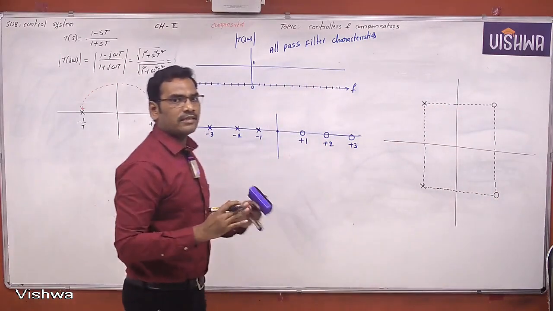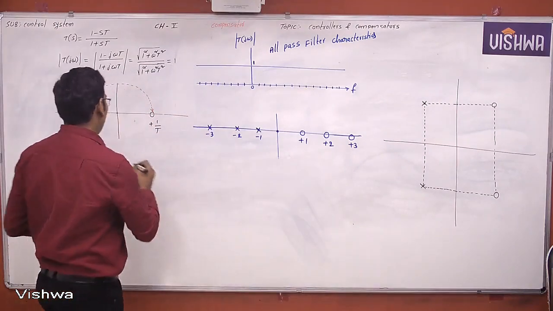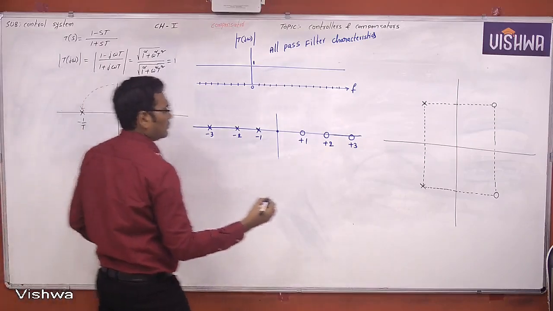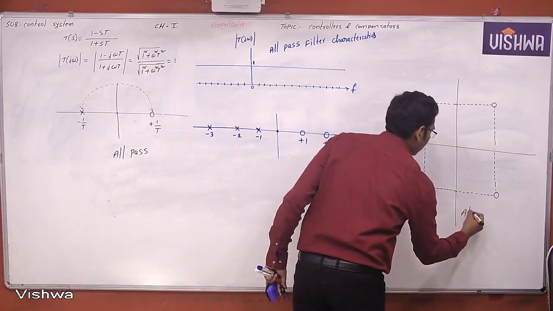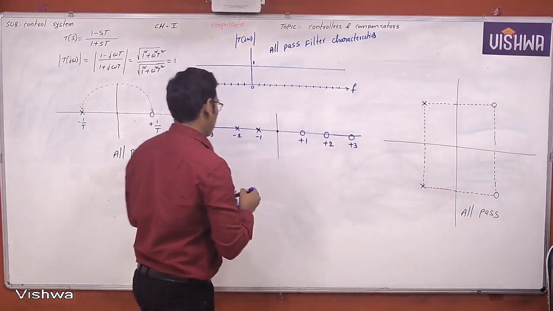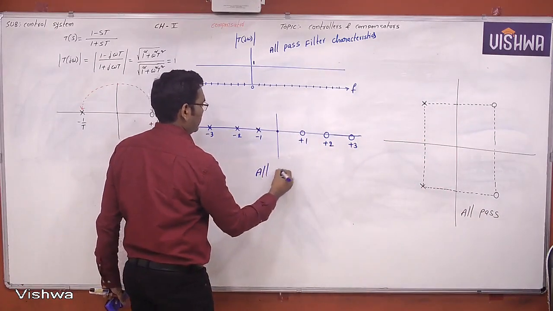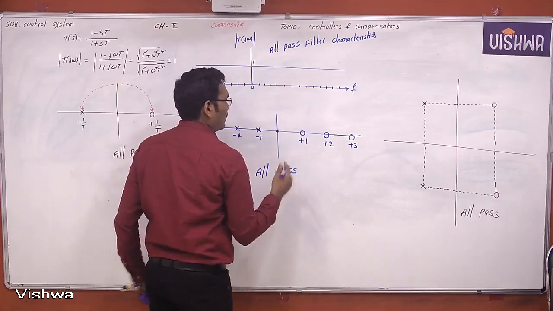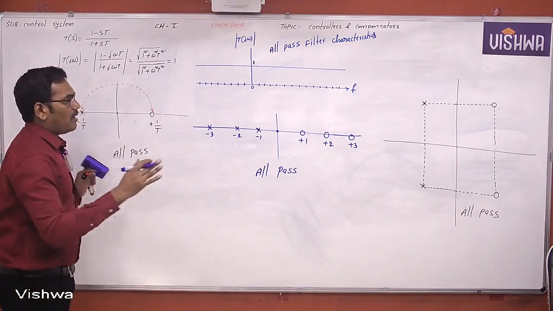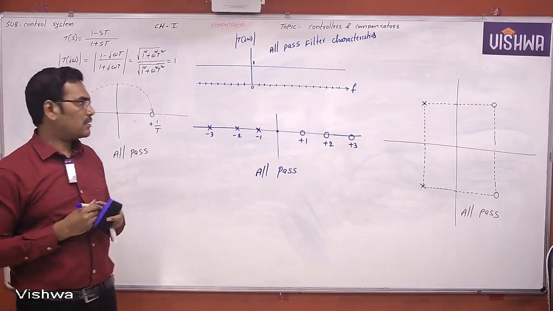Symmetrical poles and zeros located in S plane, then this is all pass. Symmetrical pole zero location in S plane is said to be an all pass system or all pass characteristics. Okay, note down.